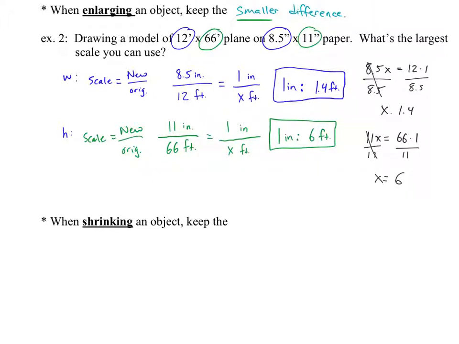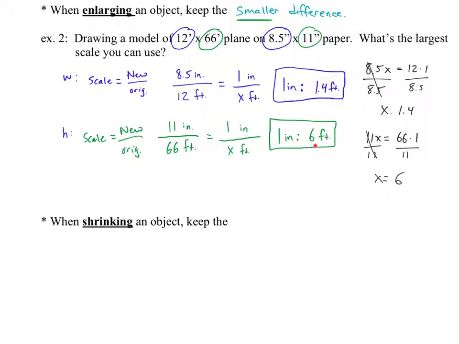So I left it up there at the top of the screen. The first example, we were making something bigger. We kept the smaller difference between the two, which seems kind of backwards, but math sometimes seems a little bit backwards. Now we're shrinking something. We're taking a physical plane, and we're trying to make it fit on a piece of paper the same size as your notes. So for that, if we think about it, if I would have this 1.4 feet get shrunk down to 1 inch, that's going to make it shrink a certain amount.